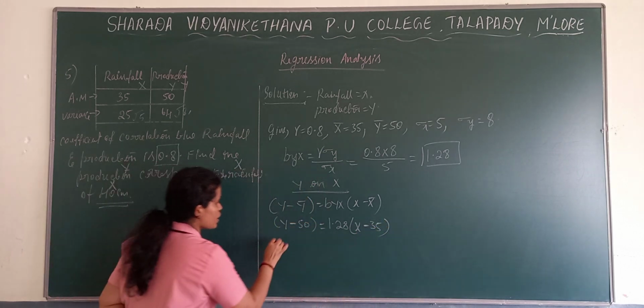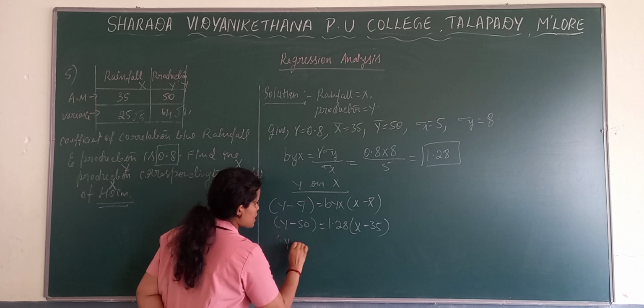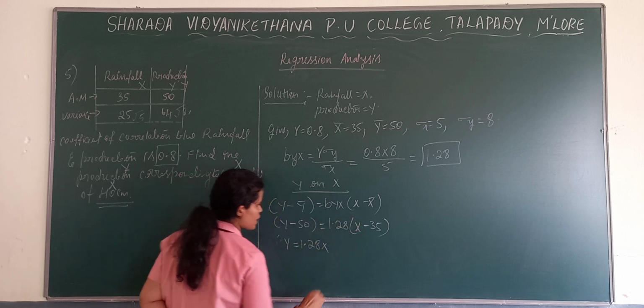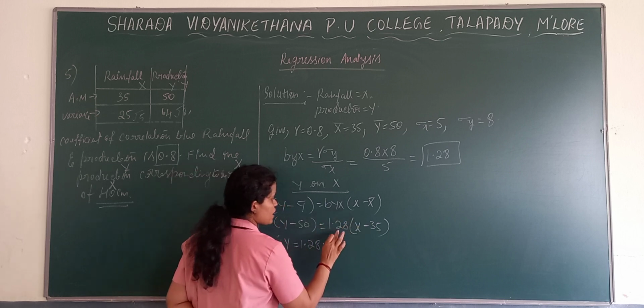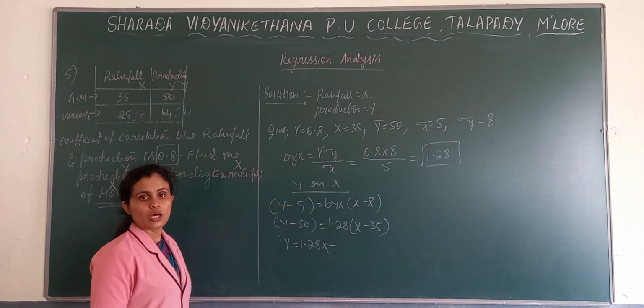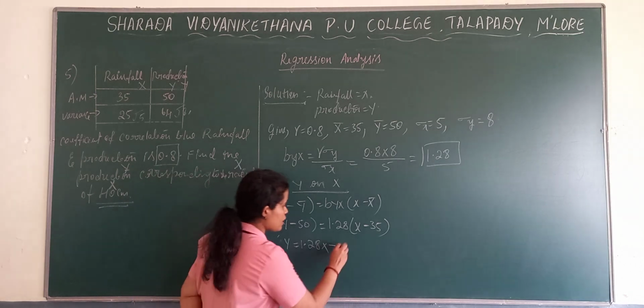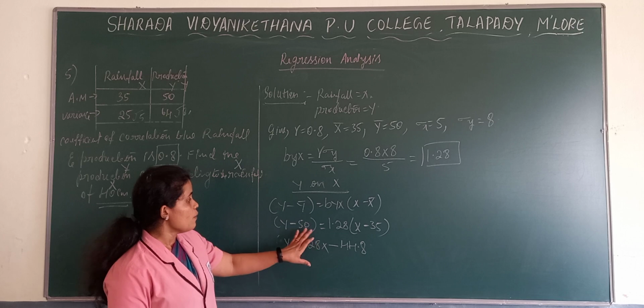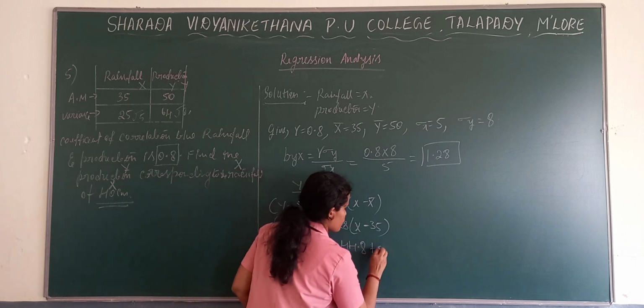So here y is equal to 1.28x plus minus minus 1.28 into 35, we get 44.8. Then plus this 50.